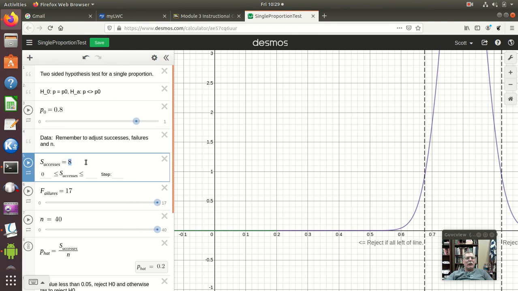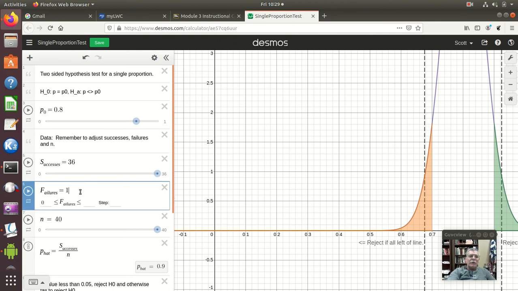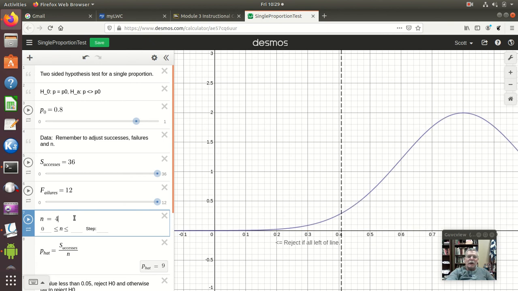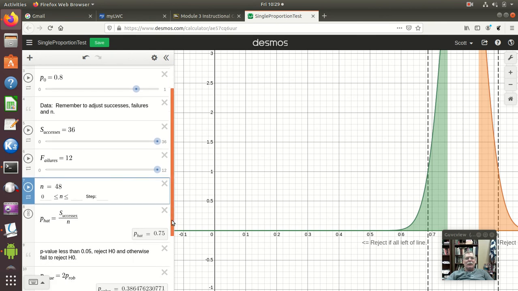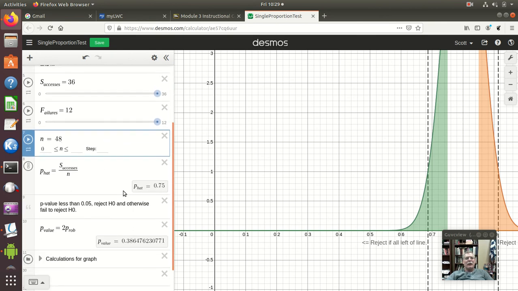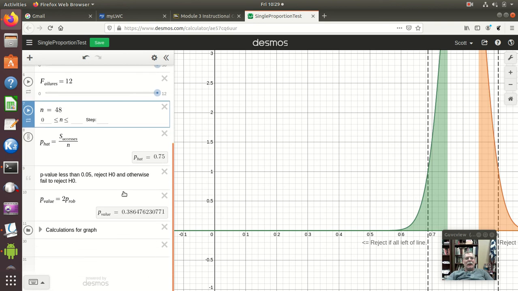We had 36 successes, 12 failures, and n was 48. And again, like with the confidence interval, it gives me my p hat and my p-value.